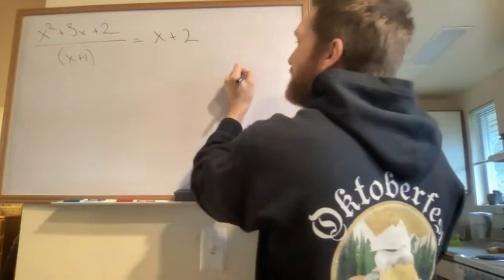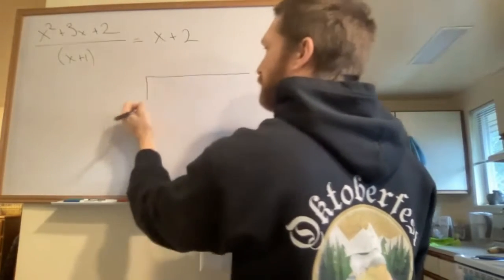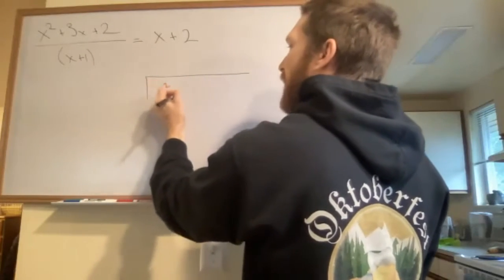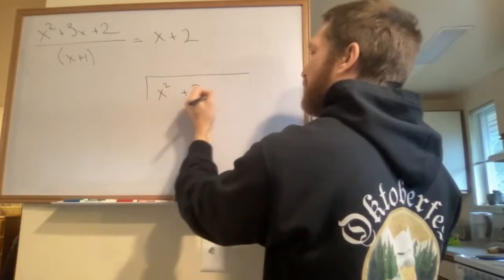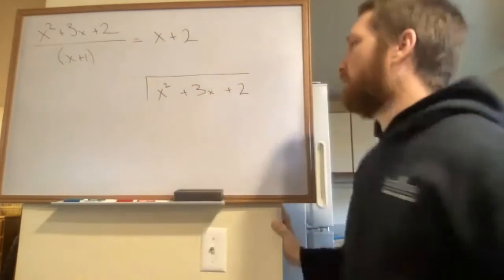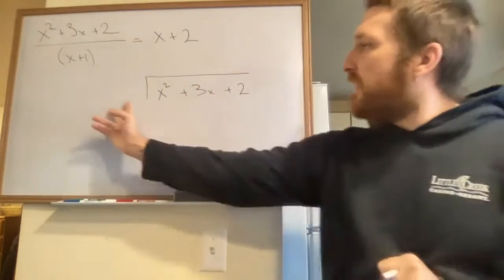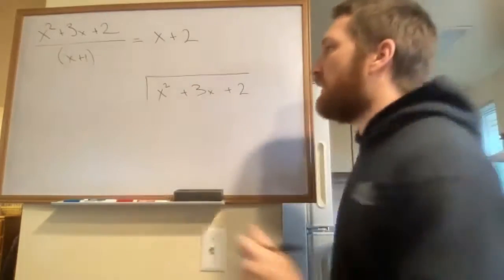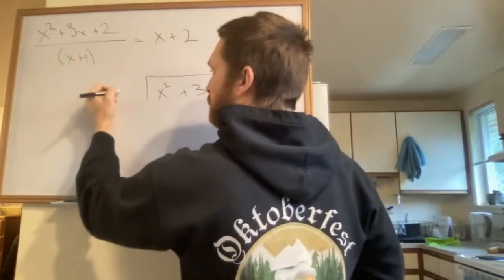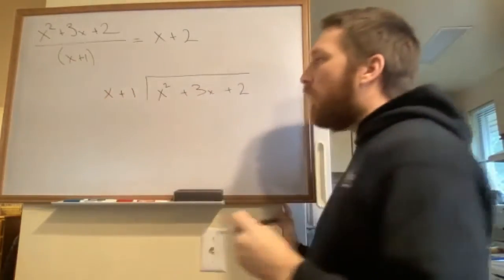And we could play that same game that we did, where we said, well, we'll just write this thing like this, just like that. And now over here, what we're dividing by is x plus 1. So I'll do that. Now what we're going to do.